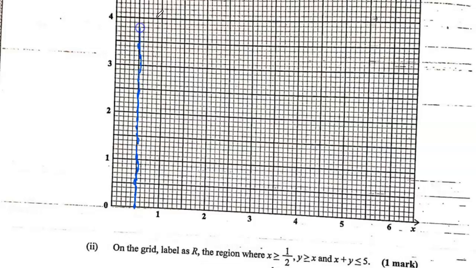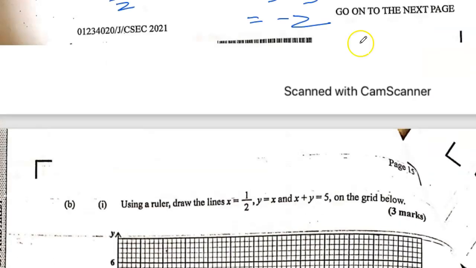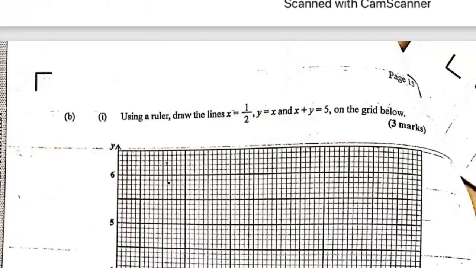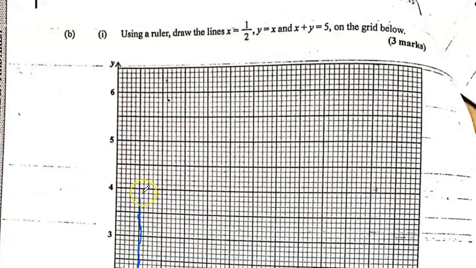But draw a line looking like that, straight up. Alright, x equal to a half.